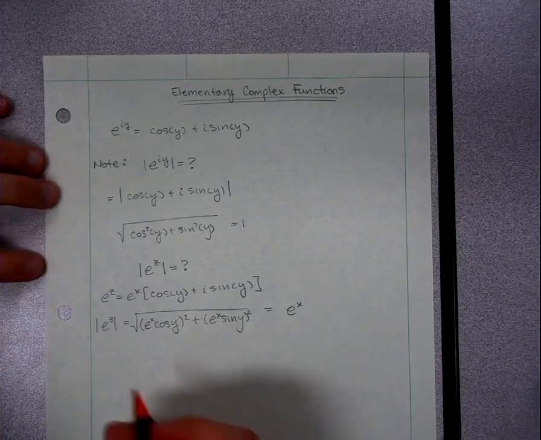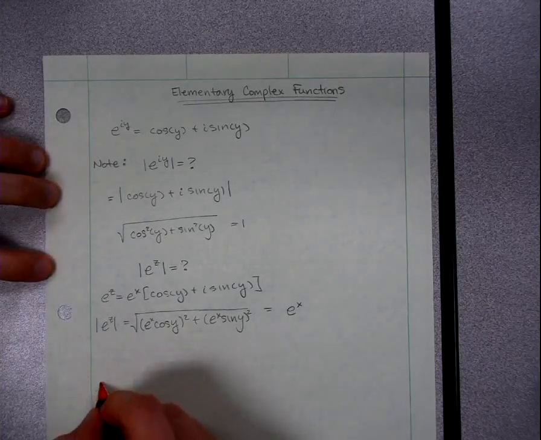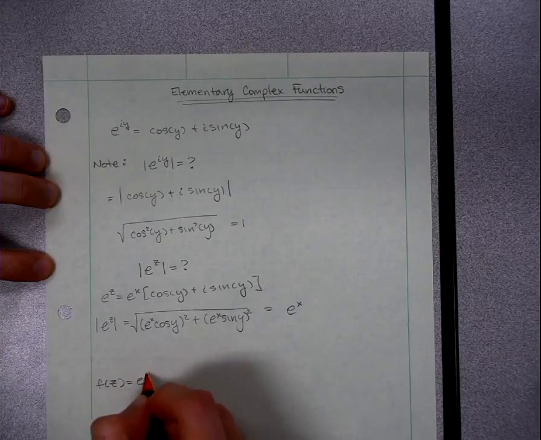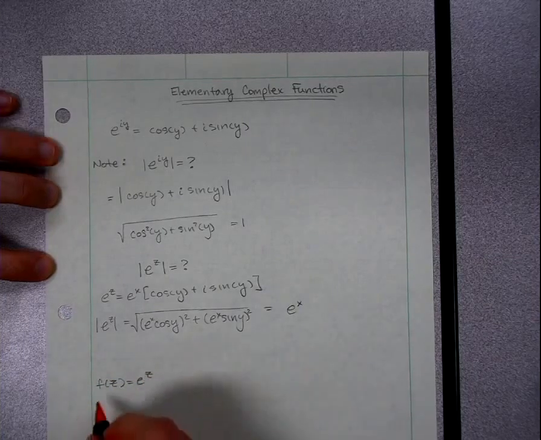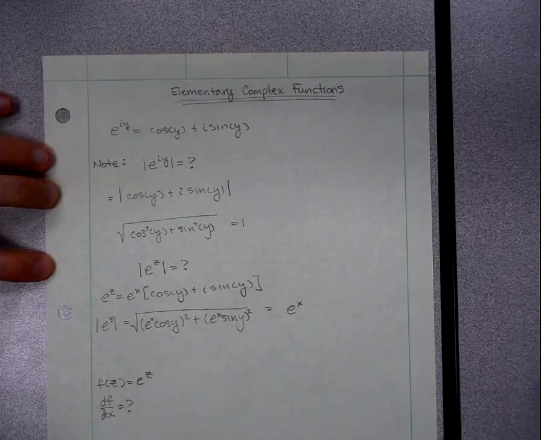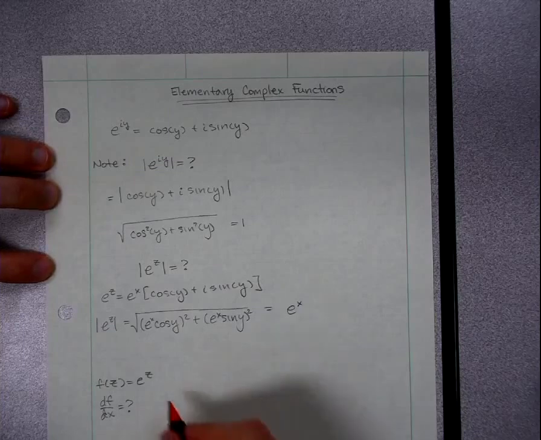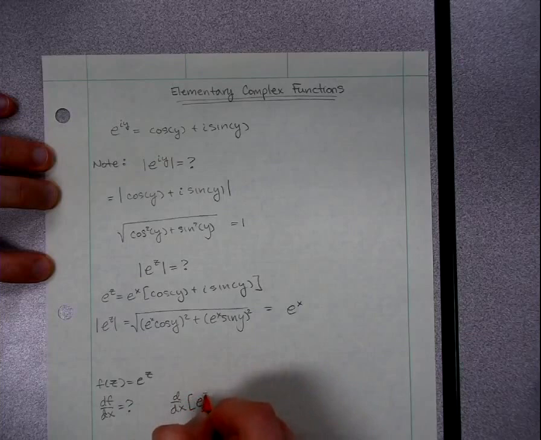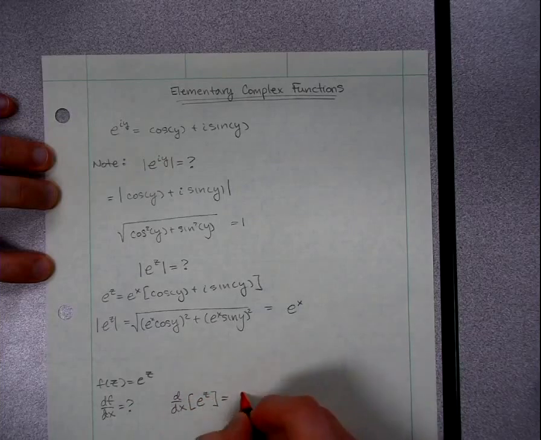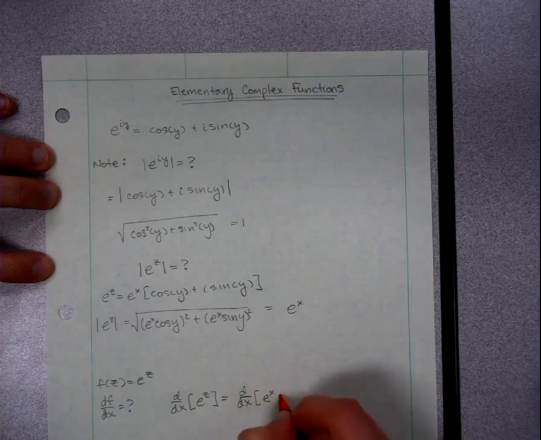One last thing in her notes here, she has f of z equals e to the z, and we want to know what df dx is. So what she does is d over dx of e to the z is d over dx of e to the x cosine y.